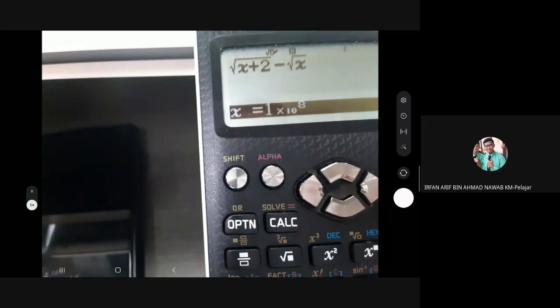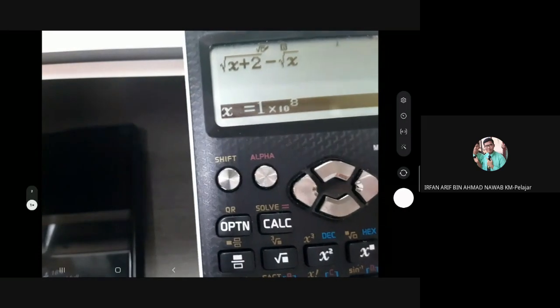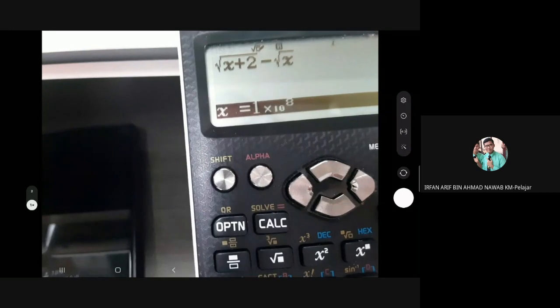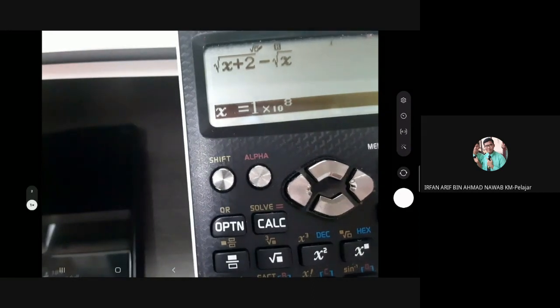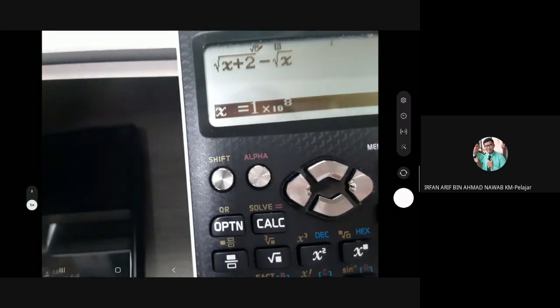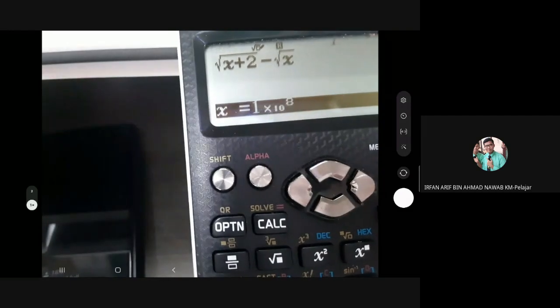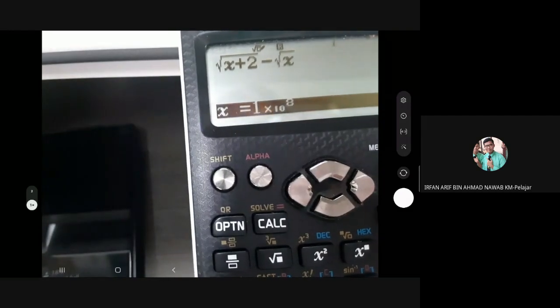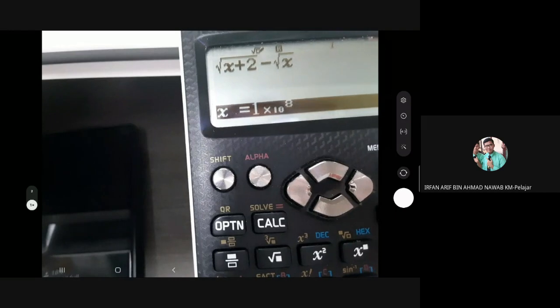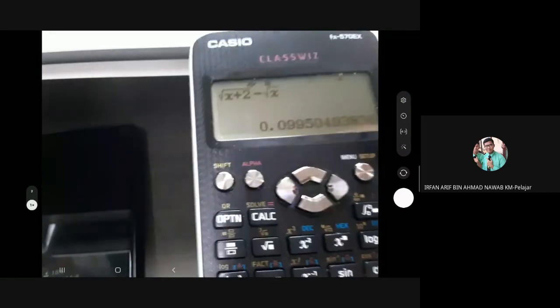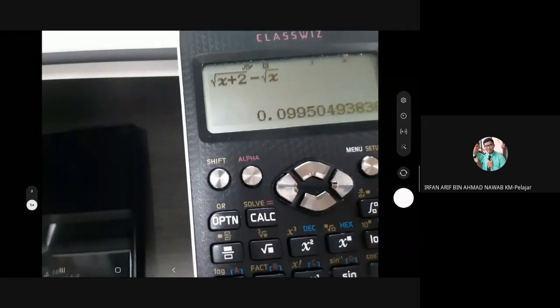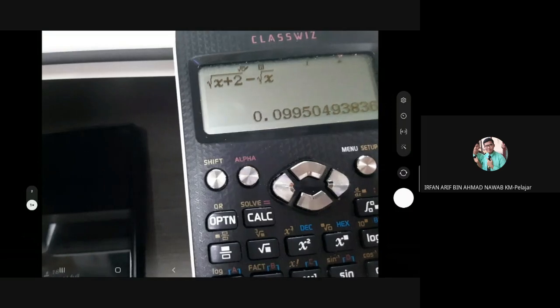So what happens now? We know that x is approaching infinity, so the x values will be larger and larger, whether you substitute 100, 1000, or 10,000. Let's see for 100. Obviously our value will be about 0.099, but it doesn't tell us much.